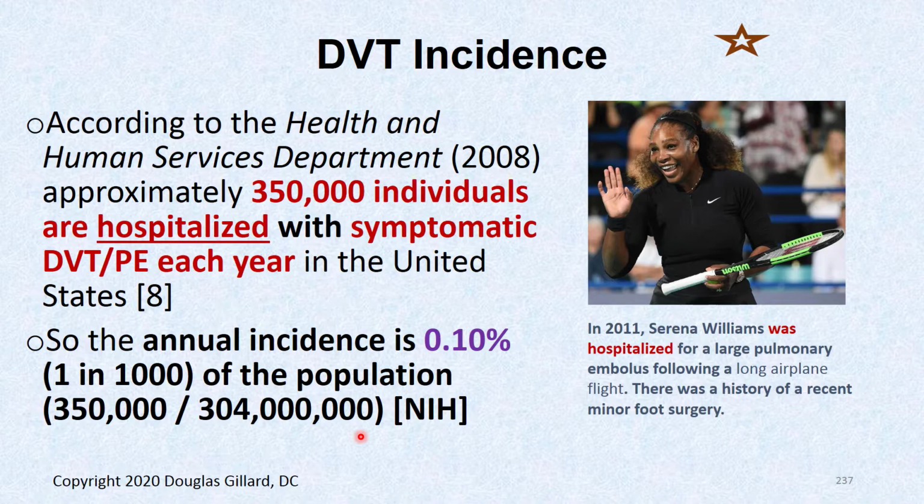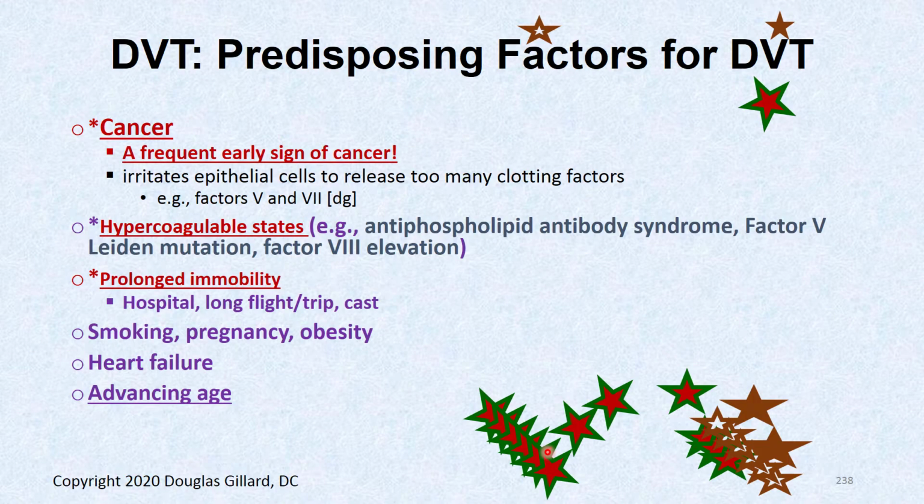It doesn't always embolize or end up in the lungs. They happen to famous people too. Serena Williams in 2011 had a foot surgery, then was on a long airplane ride and had pain in her leg and ended up in the hospital for DVT. So it can definitely happen.